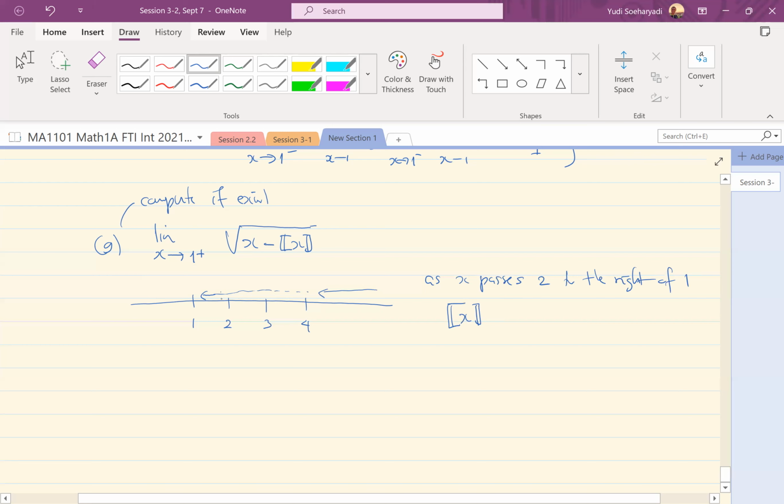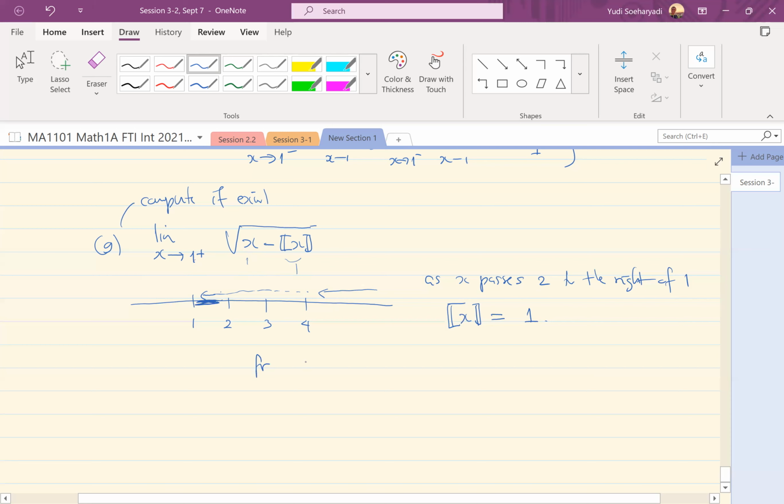The value of x is on here, so you round this down and it becomes 1. So as x gets close to 1, this value is 1.